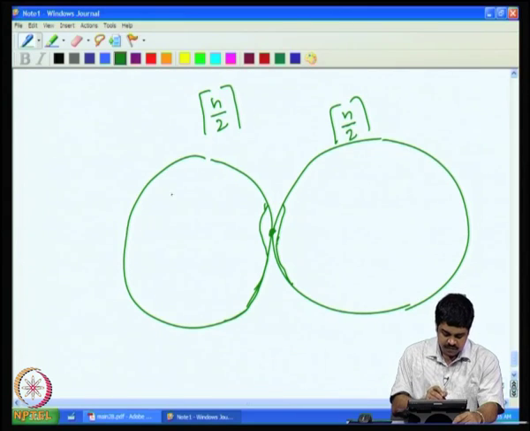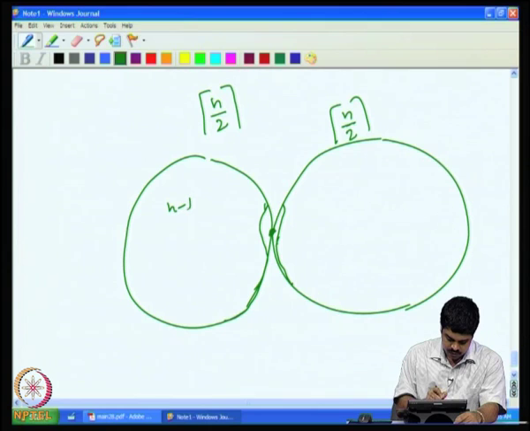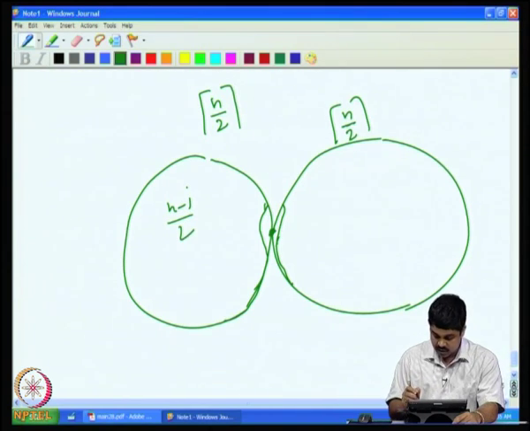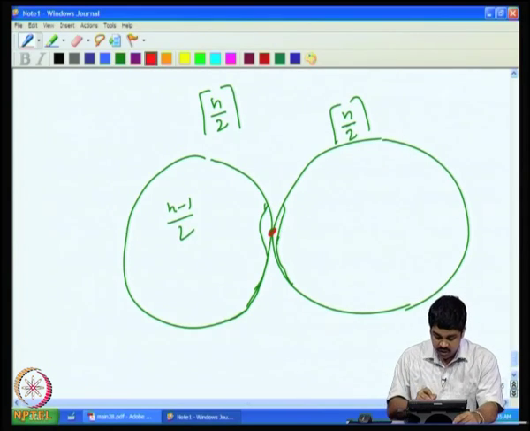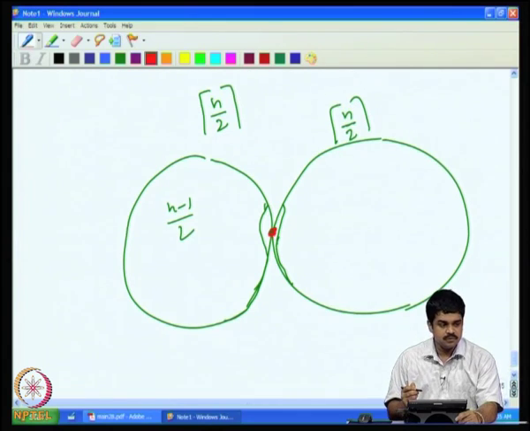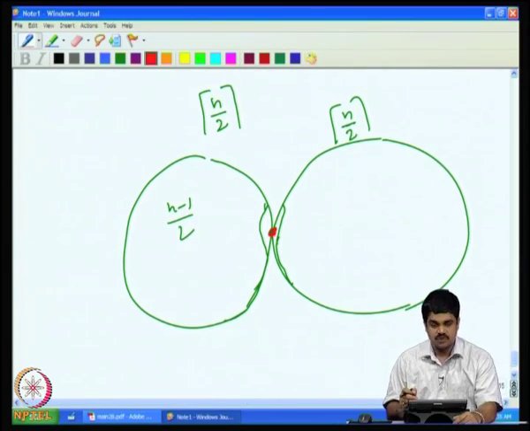So, the minimum degree of this graph will be n minus 1 by 2, that is, n by 2 floor. Even then it is not allowing us to have a Hamiltonian cycle, because there is a cut vertex. To avoid a cut vertex it is not enough to have the minimum degree high; the minimum degree has to be really high, and only then can it guarantee that there are no cut vertices, right.